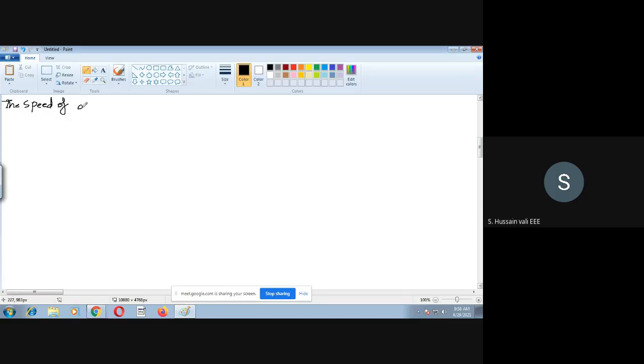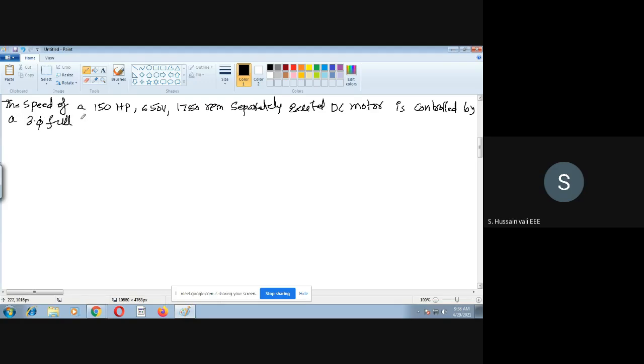The speed of a 150 HP, 50 volt, 1750 RPM separately excited DC motor is controlled by a three phase full converter.